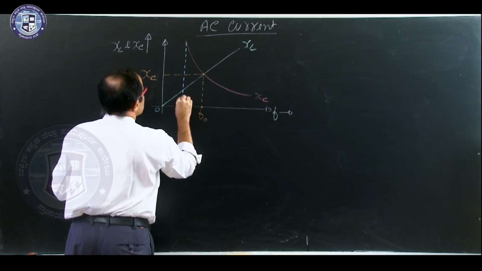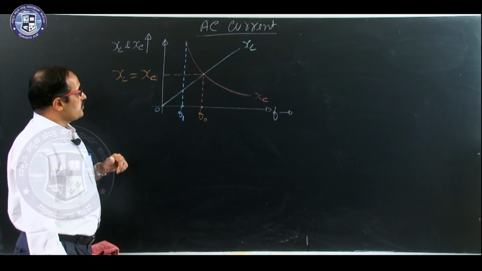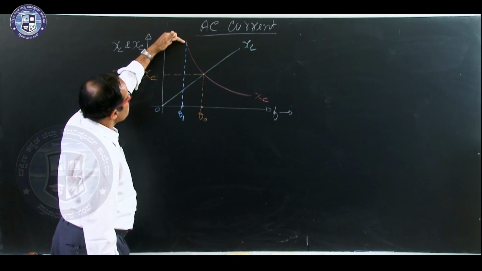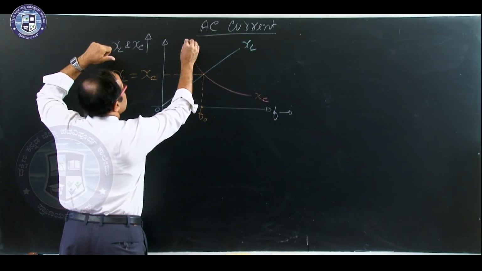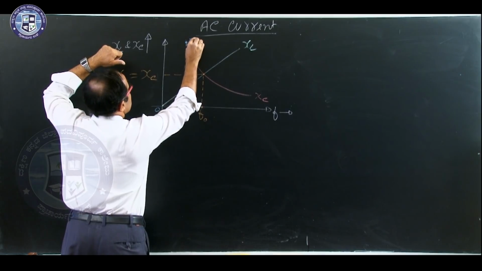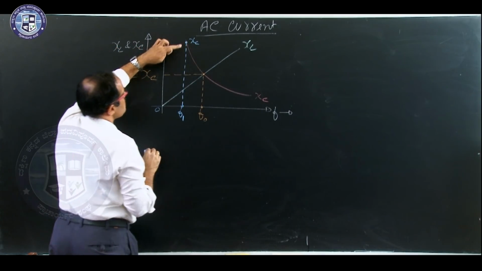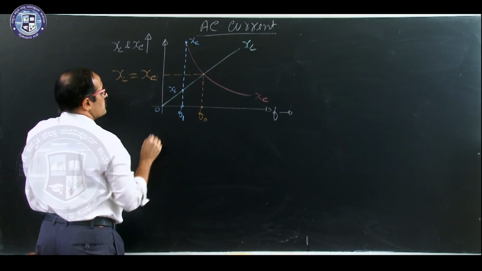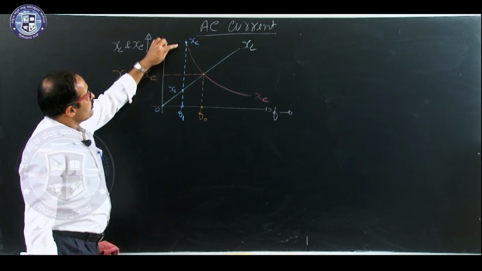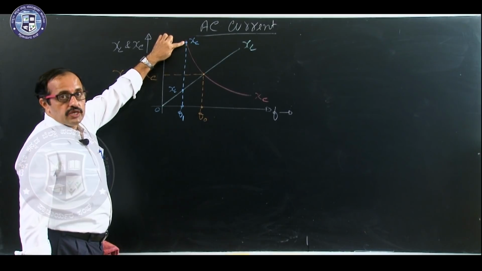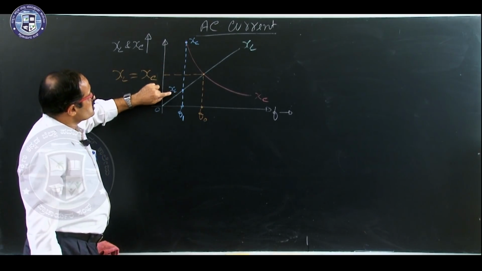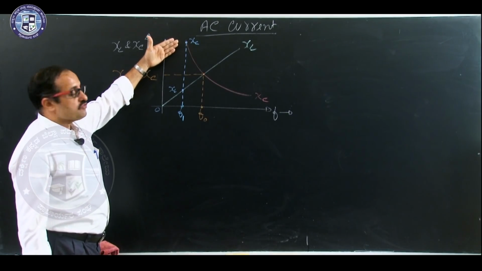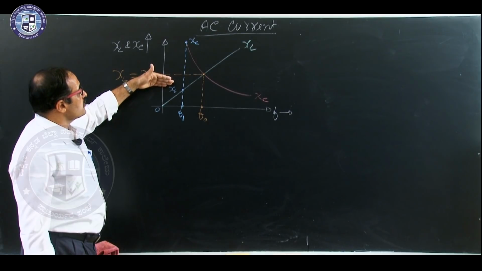Very clear, for this particular frequency, look here, this is the value of capacitive reactance. And here, this is the value of inductive reactance. It is representing XC, this becomes XL. So, tell me which value is higher? Capacitive reactance is higher than inductive reactance.